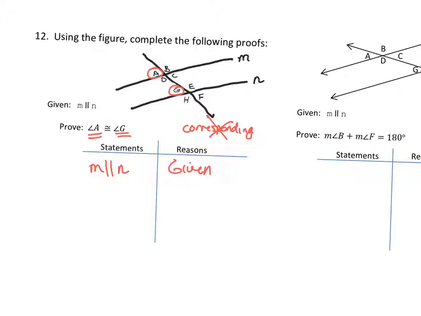So one way to do this is to pick another angle which is congruent to these, such as C. Then I could say angle A is congruent to angle C because they're vertical. And angle C is congruent to angle G because they're alternate interior.